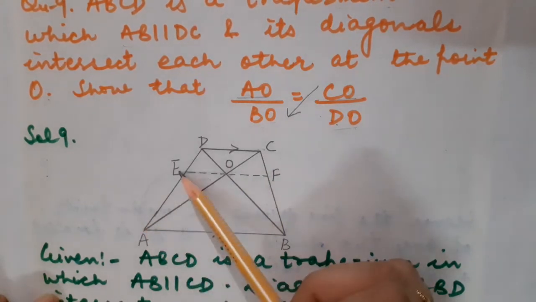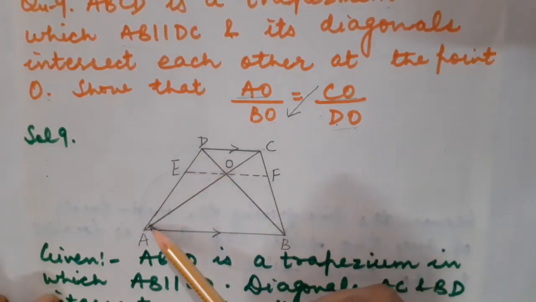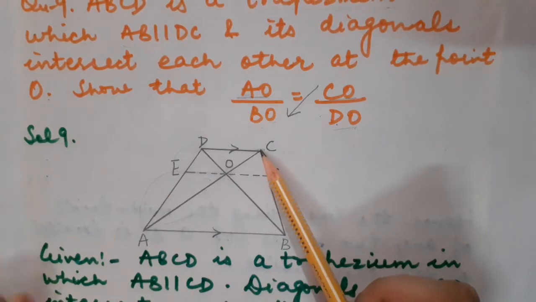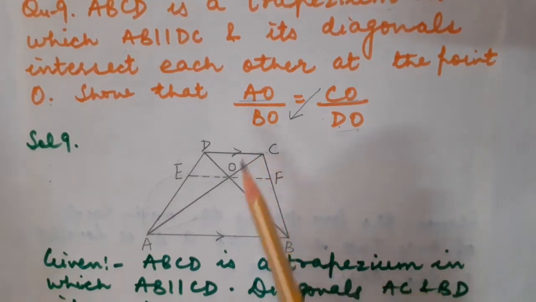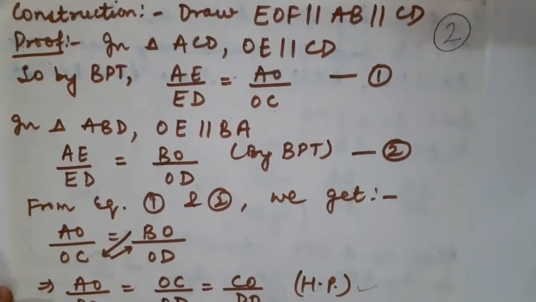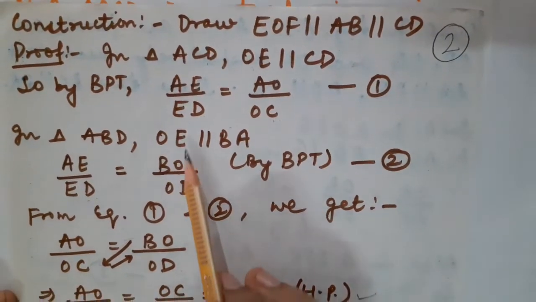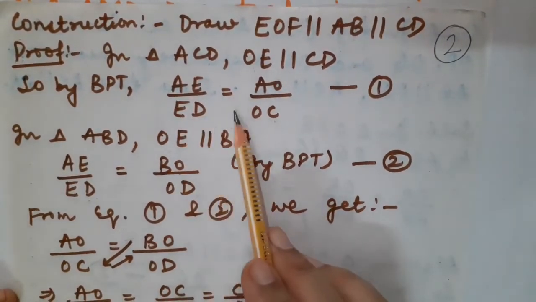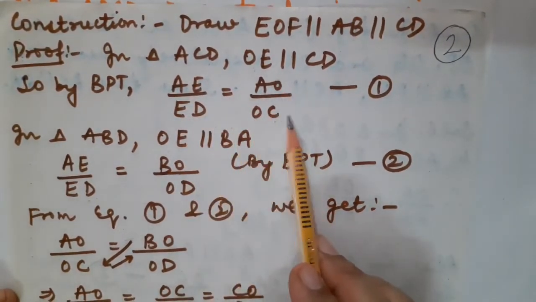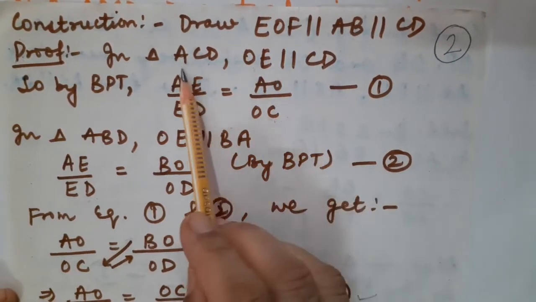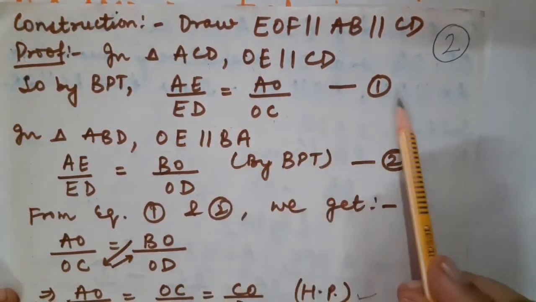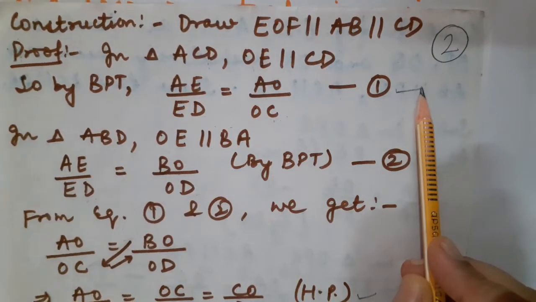That is AE upon ED is equal to AO upon OC. Got it? The same thing is written over here. That AE upon ED is equal to AO upon OC by BPT in triangle ACD. Okay, let it be considered as equation number 1.